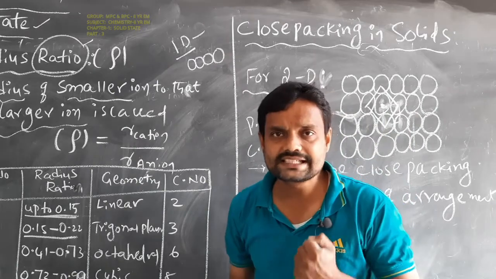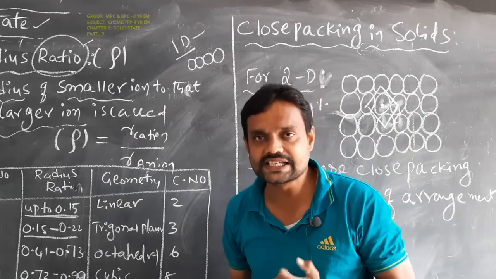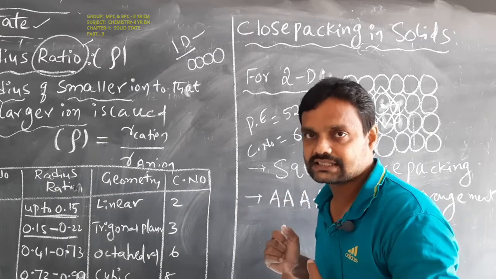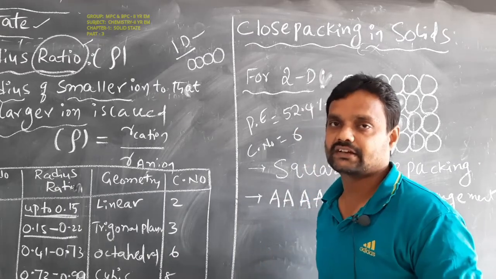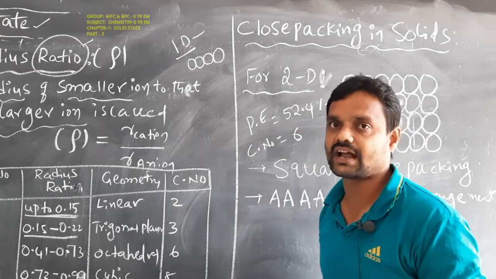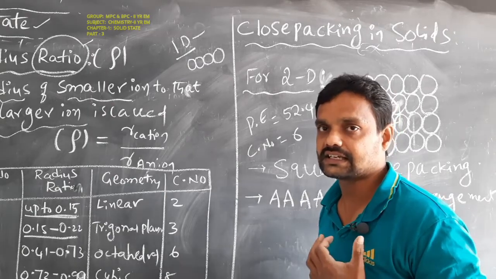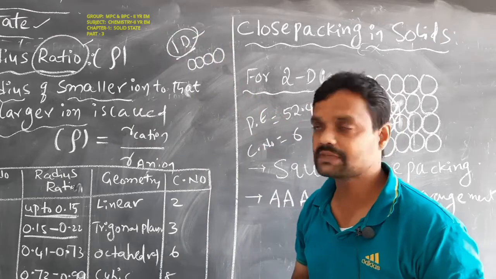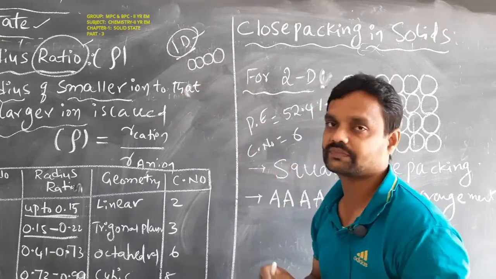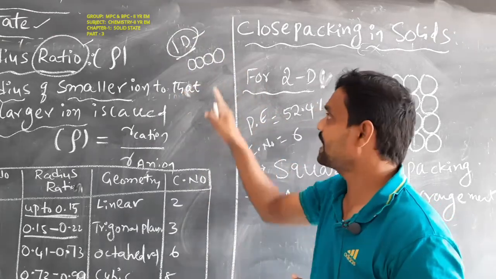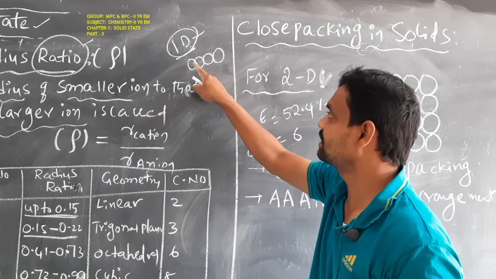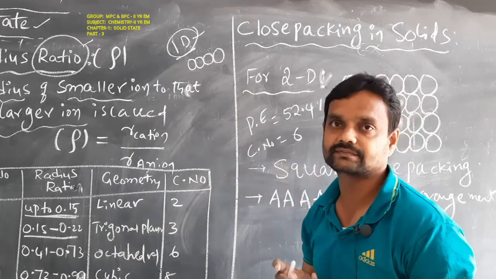Here atoms are considered as spheres. For easy understanding of close packing, we should assume the atoms as spheres. So in only one dimension, the close packing in a solid is this way. So this is the meaning of close packing.